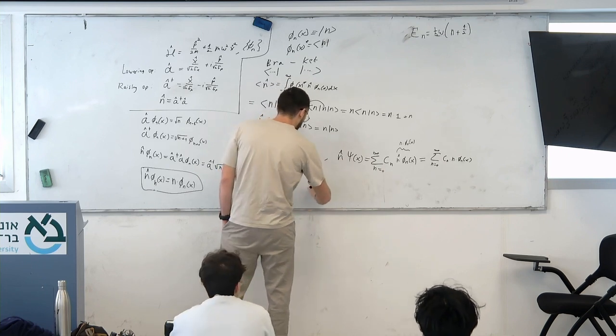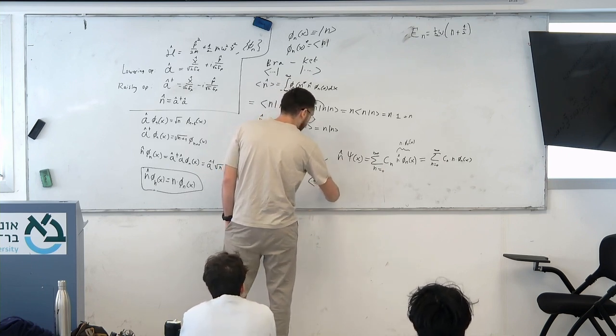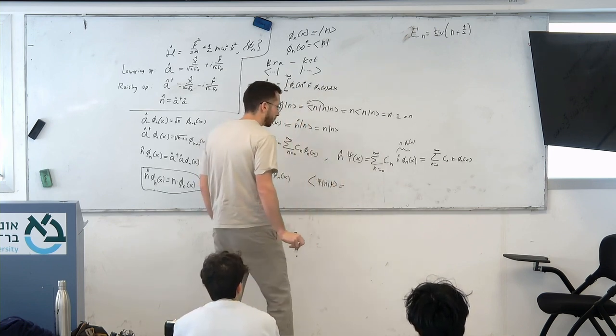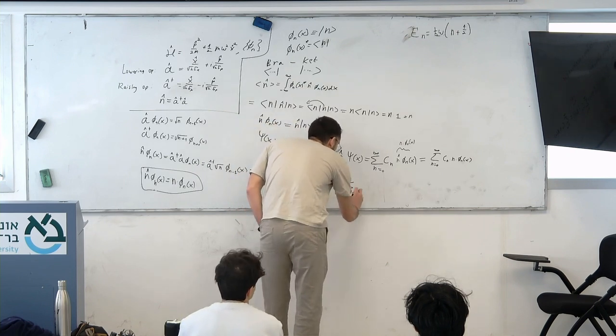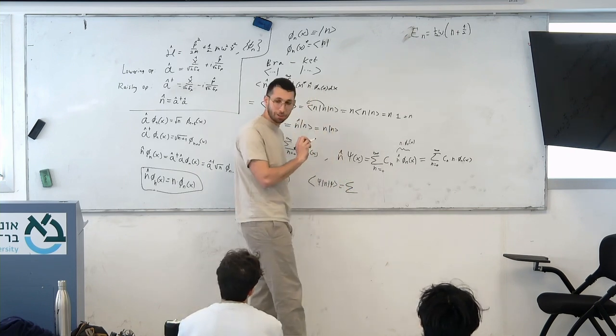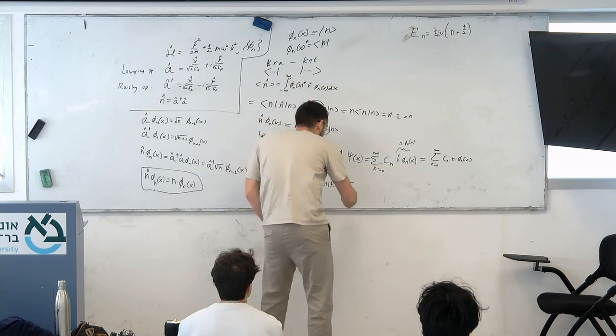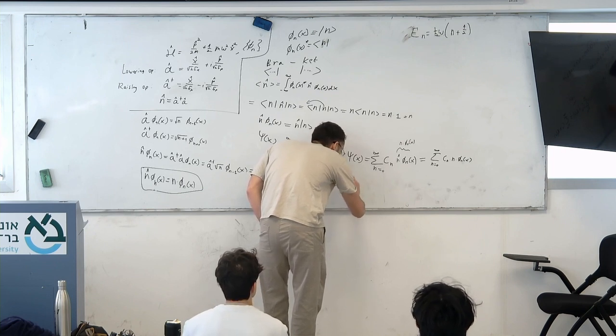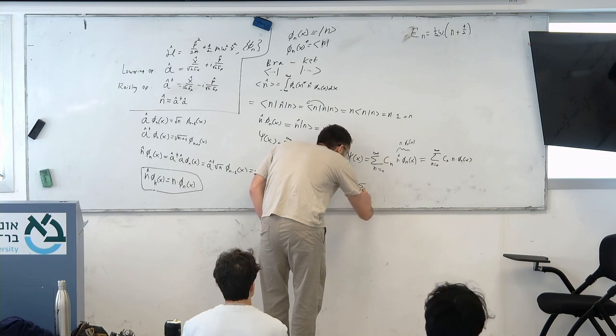So if what we're going to have instead is psi and psi, this is maybe a good example, it's not in the notes. Let's say we have some index n1 from 0 to infinity, another index n2 from 0 to infinity.